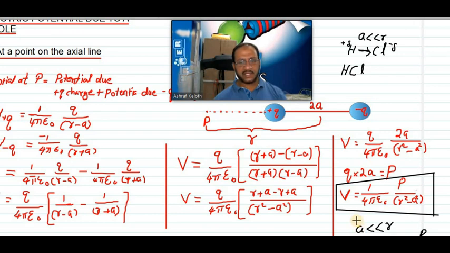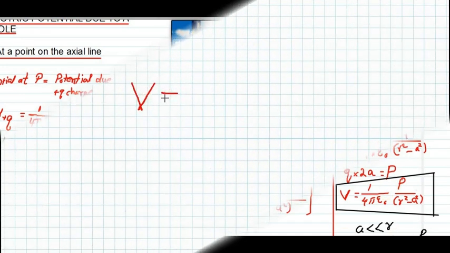So you have to write a sentence here: for an ideal dipole, A is very much less than R, so it can be neglected. A square will become still smaller, since squaring a fraction makes it smaller again, so A square can be neglected. Finally the equation becomes V equal to 1 by 4 pi epsilon naught P by R square.